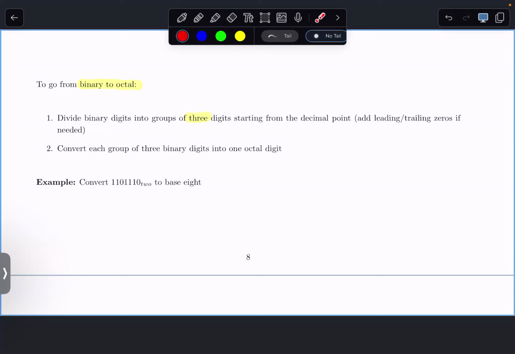If you think about binary 1, 1, 1, 1, that's 16. 1, 1, 1, groups of 3, that's 8. Starting from the decimal point, you're gonna add leading or trailing zeros if you need to. And what you're going to do is convert each group of 3 binary digits into 1 octal digit.